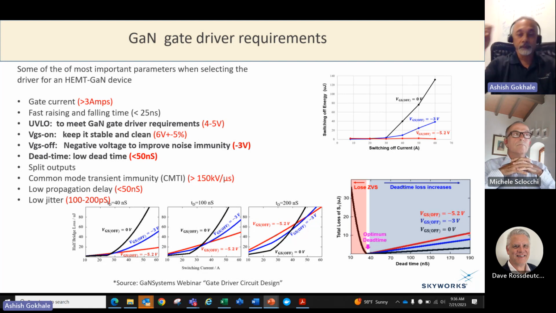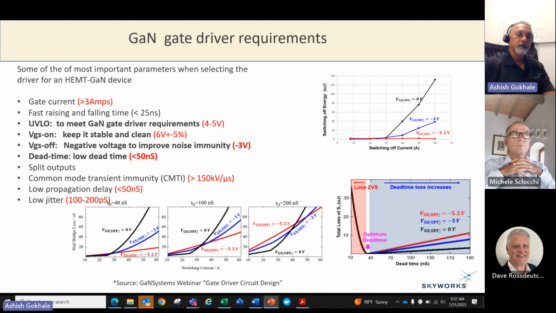The number two reason for having a good transient immunity rating is safety itself. If you cause the driver to falsely switch, and it turns on a power switch in a half bridge topology, for example, when it's supposed to be off, then you could have a shoot through condition, which is a big safety concern. So it's important from both of those angles.